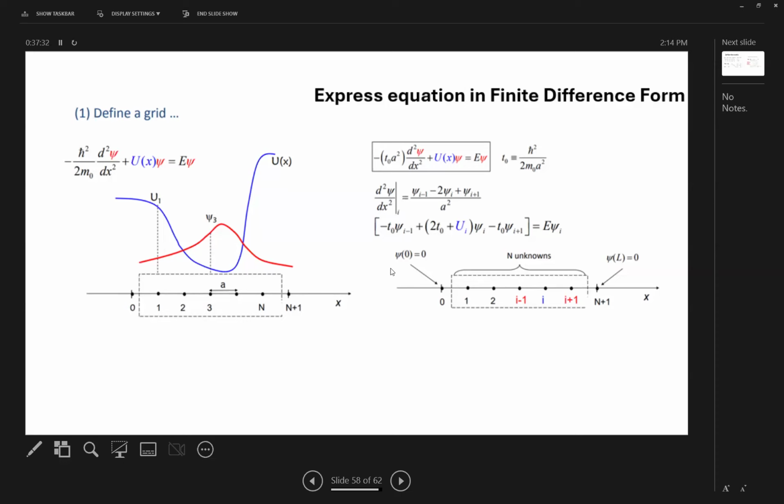Okay, so let's say you're talking about a space and you know the value of psi here. Let's call it psi i, and you know the value of psi here. This is psi i plus 1, and this is psi i minus 1. Then you can find the first order differential form by taking the difference of psi i and psi i minus 1, and dividing by the space difference delta x.